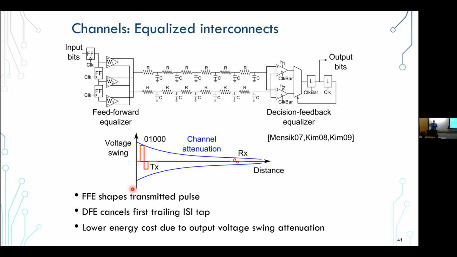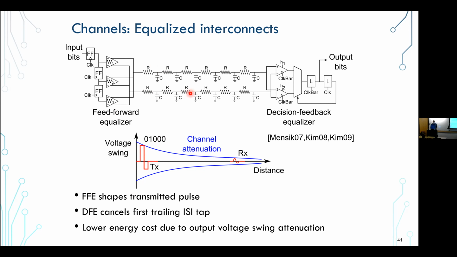How do I traverse, let's say, a 10 millimeter distance on a chip, which is heavy RC? It's basically a distributed RC model, so it's very dispersive. You have significant channel attenuation here. Can you do it faster without repeaters?